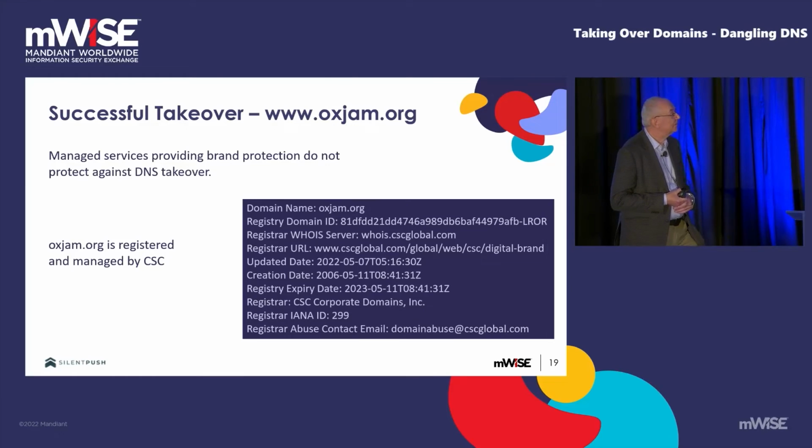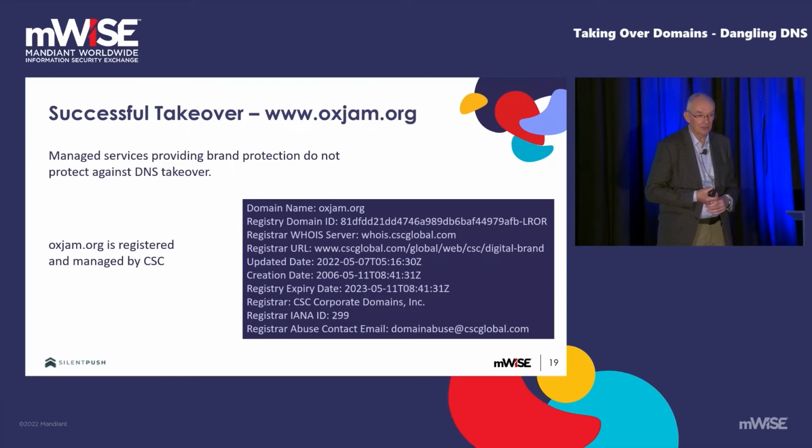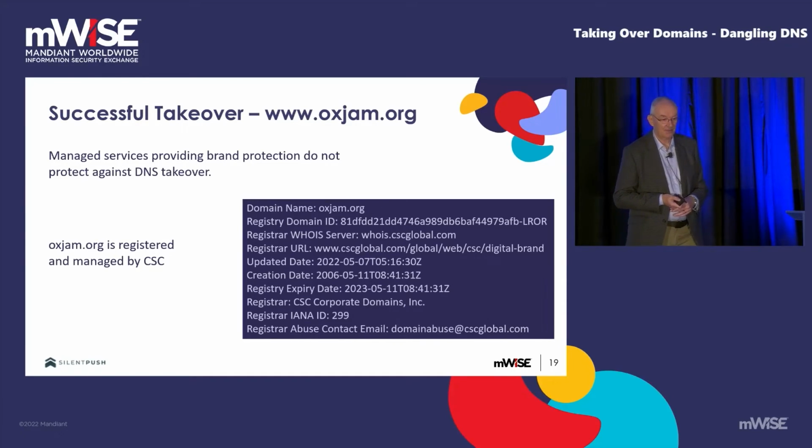But it doesn't actually do all of the things that you think it's going to do, because it's not going to protect you from DNS takeover, as we can see in this example, because oxjam.org is actually registered by one of those brand protection services, CSC in this case. But they didn't actually bother managing any DNS at all. They just bought the domain and reserved it, and so they ignored the whole problem of these records being able to be taken over. So you kind of feel that there's potential for a refund for this one.